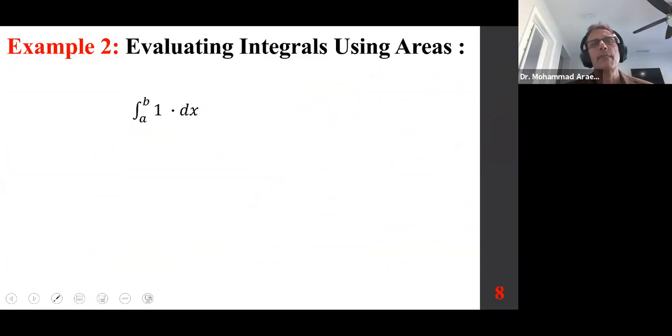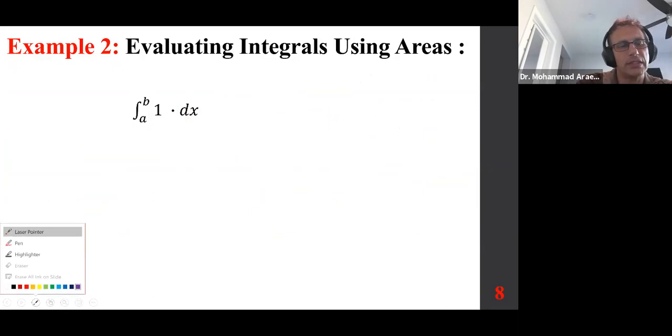Okay, let's evaluate the following integral using areas. Notice I put a dot in between on purpose because if I wrote dx, you may not notice it's 1 times dx.